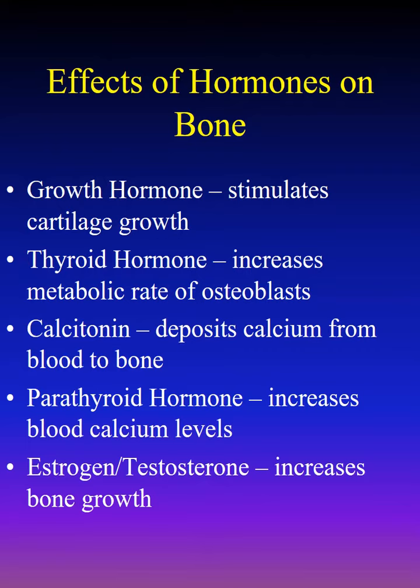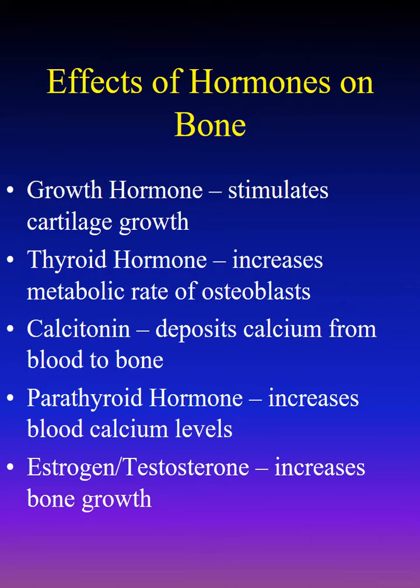And so parathyroid hormone will increase blood calcium levels so that other body tissues can use calcium. And so in contrast to calcitonin, this will increase osteoclasts to reabsorb bone, and thus increasing calcium levels that will then be released into the bloodstream.